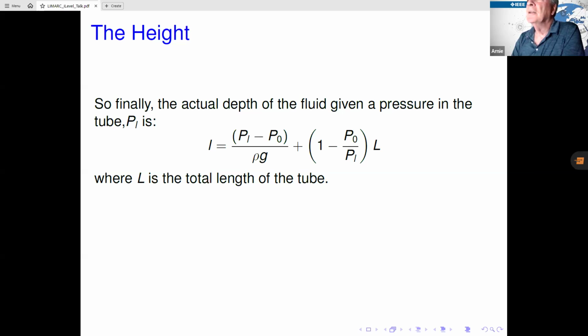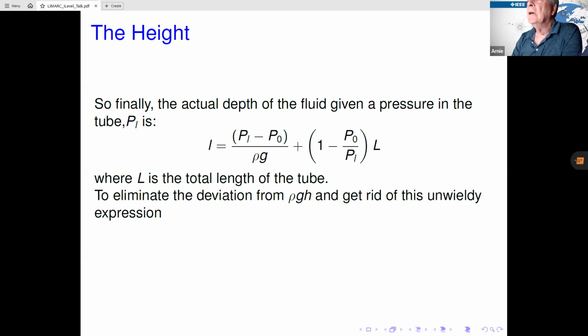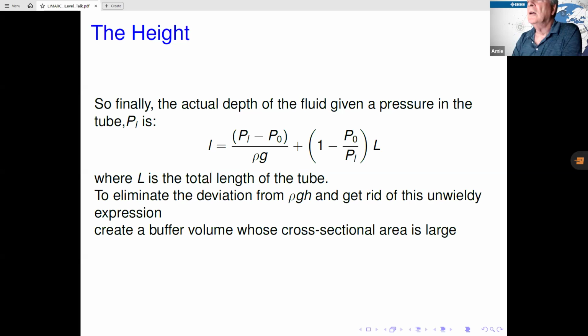We decided that it probably would not be a good idea to program this into the user processor in order to figure out what the actual height of the liquid is. So we started taking some measurements. And then we realized that we can get rid of a lot of the deviation in the height by making the volume very large.